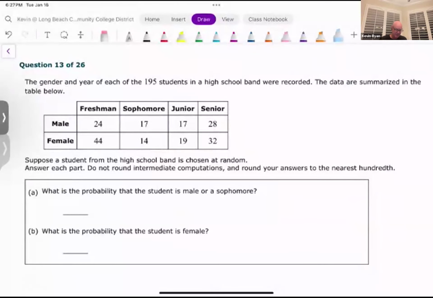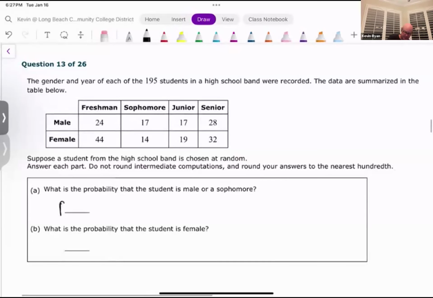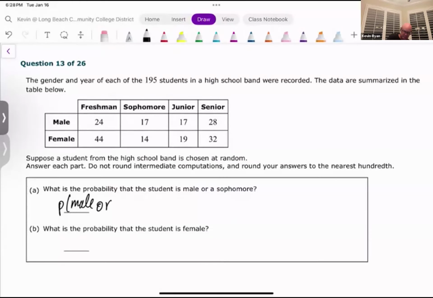The gender and year of each of the 195 students in a high school band were recorded. The data is summarized in the table below. What is the probability that the student is male or a sophomore? Oh, you know what?